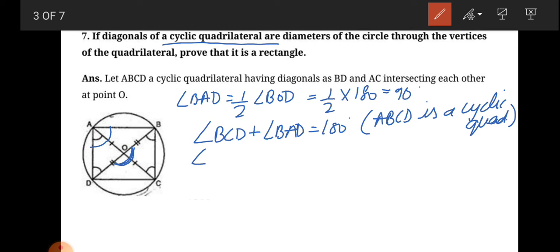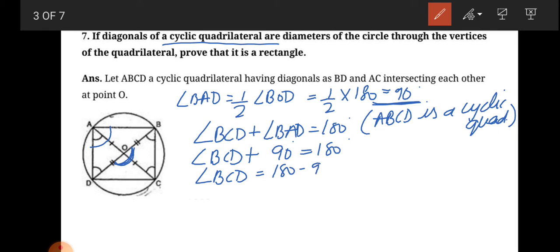So write angle BCD as it is. The value of angle BAD we found is 90 degrees, equal to 180 degrees. So the value of angle BCD is 180 minus 90, which is 90 degrees.